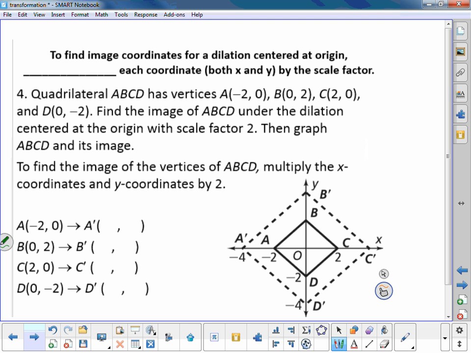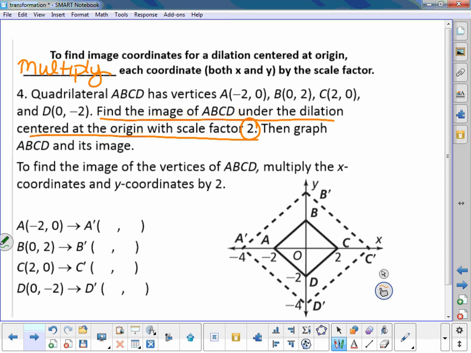All right. To find image coordinates for a dilation, it's really easy. You just multiply by the scale factor. So look at problem number 4. It gives you all these coordinates. And then it says find the image under the dilation centered at the origin with a scale factor of 2.